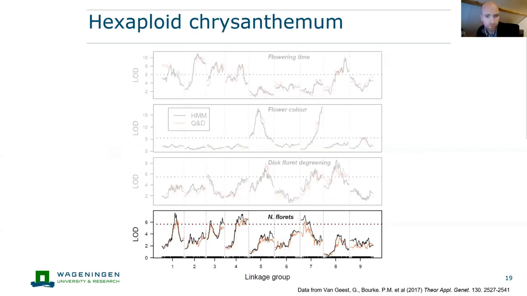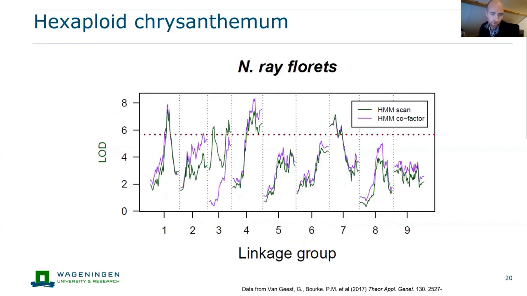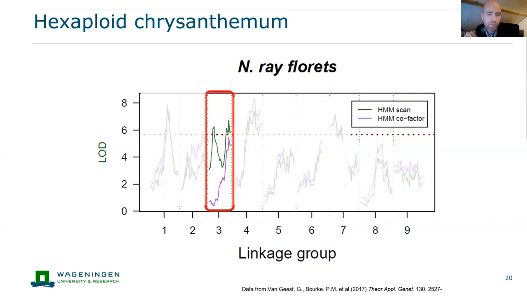If we look at this other situation for the number of florets, what's interesting is if you look at linkage group 3, you can see that they're in green again. There were 2 particular peaks discovered. So this could be a situation where you don't really know what's going on. Is this 2 QTLs? Do I have 2 genes at both ends of this chromosome or not? So you can just choose one of those peaks as a cofactor, very simply add it.